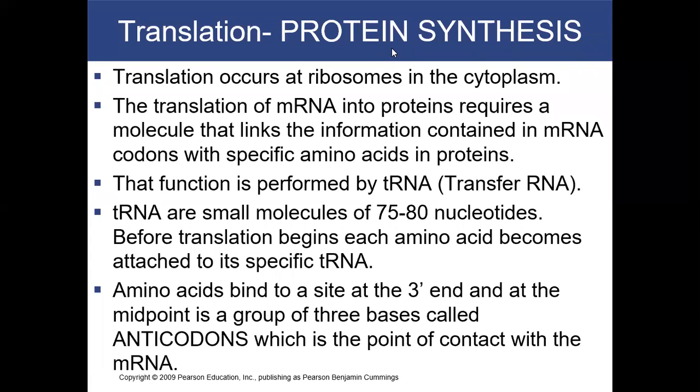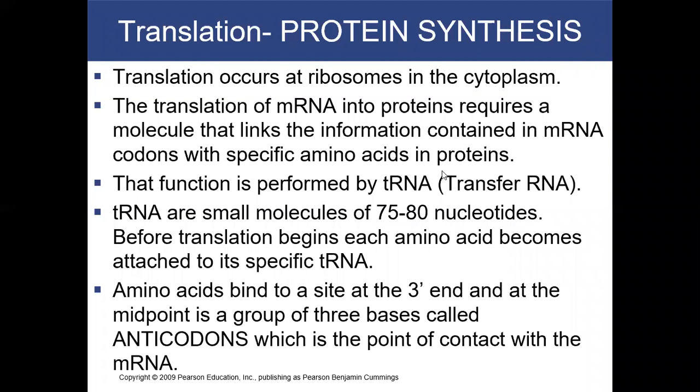It all depends on the demand for a particular protein. And that process is called gene expression, right? Now the translation of mRNA into proteins requires a molecule that would link the information in the mRNA with the specific amino acids in proteins, right?